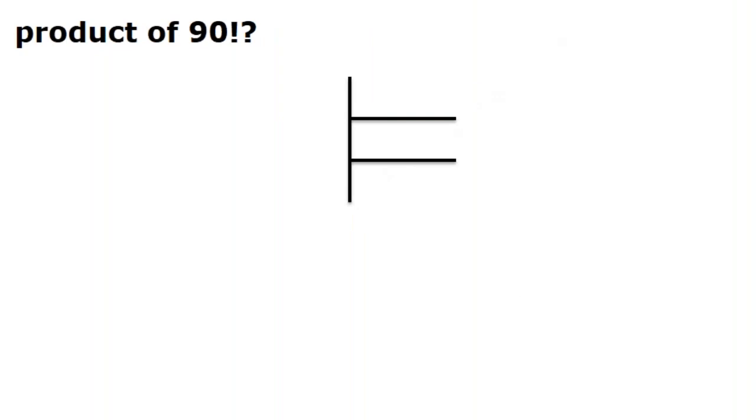The number of zeros at the end of the product of 90 factorial.